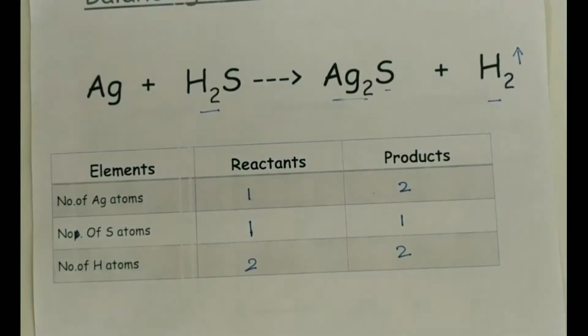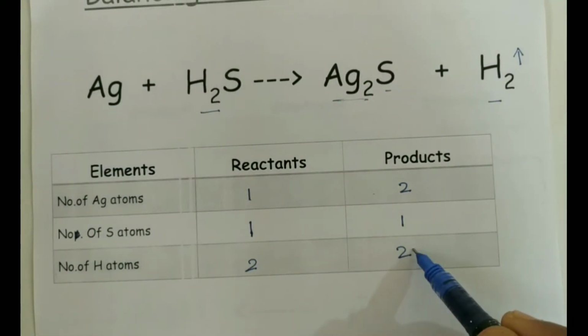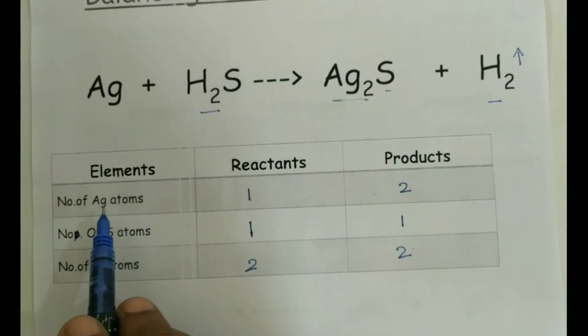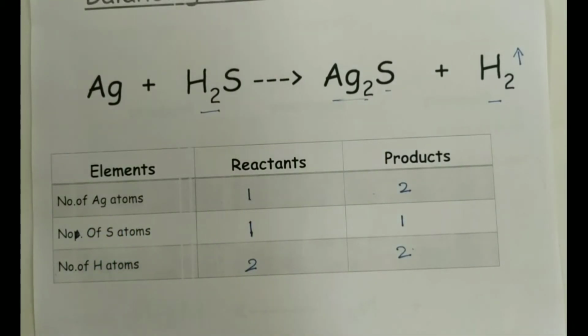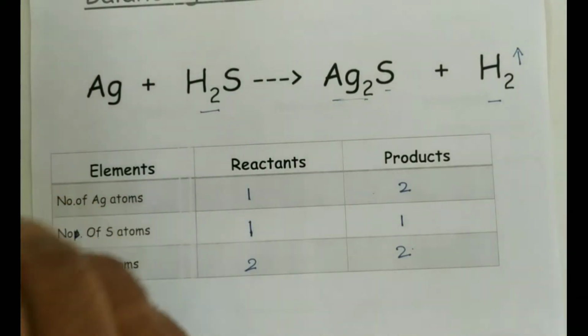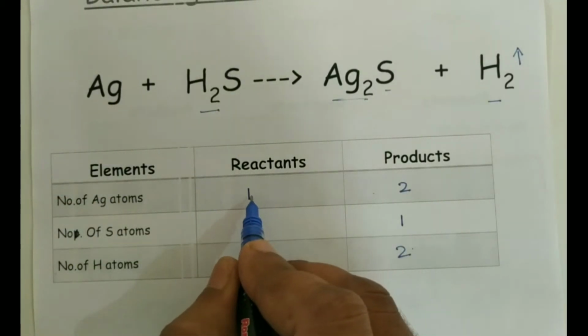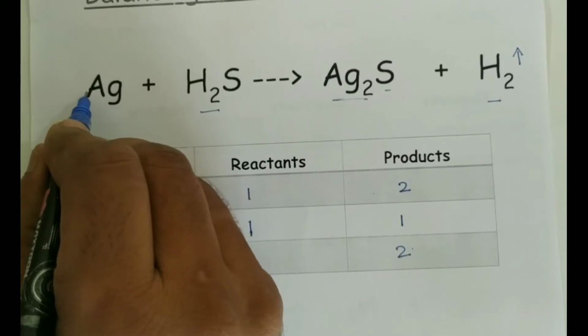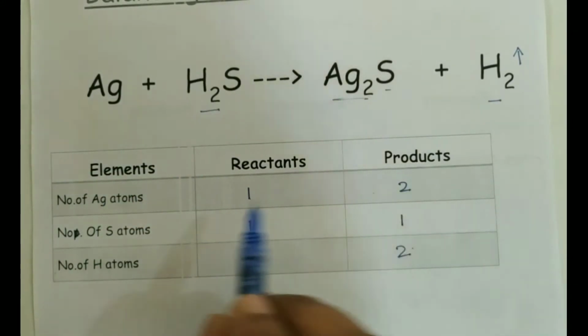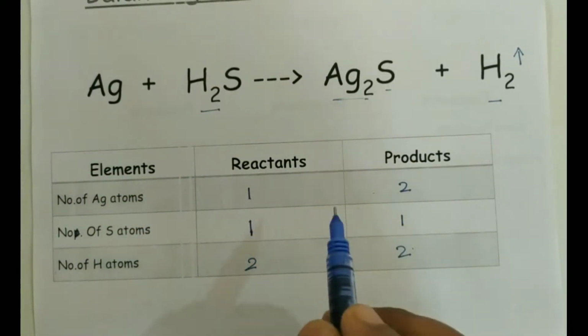Now coming to the balancing of them. The rest are equal. The only imbalance is the silver atom. So what I am going to do is multiply this Ag atom by 2, to balance the Ag atom at both sides.